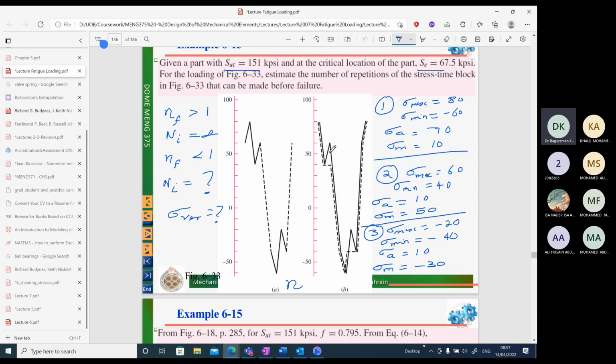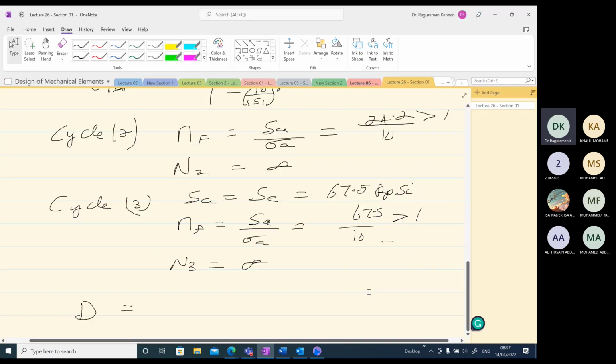I apply these two small cycles, cycle 2 and 3, also small n times. So from here I can write small n over capital N1 plus small n over capital N2, small n over N3. So this is the damage.